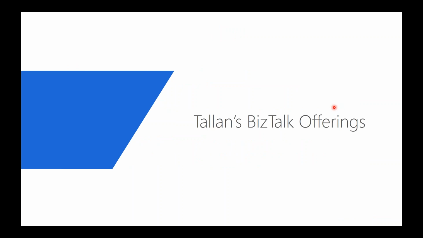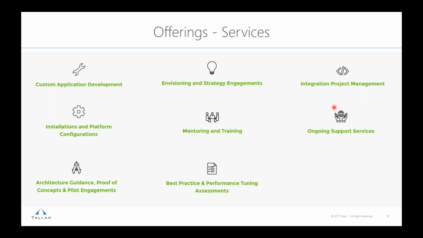So some of the Talon BizTalk offerings, how we're helping clients, is the next area. Because most of you on this webcast probably already have BizTalk, I'm just going to highlight 2 or 3 here. The first one is ongoing support services. You can think of Talon as, for example, your safety net. If you need ongoing support services, we have a support plan. It's based on tiers and SLAs, based on what kind of SLA you expect.